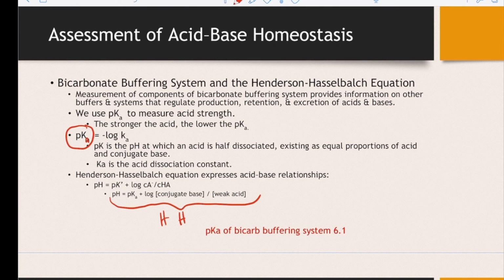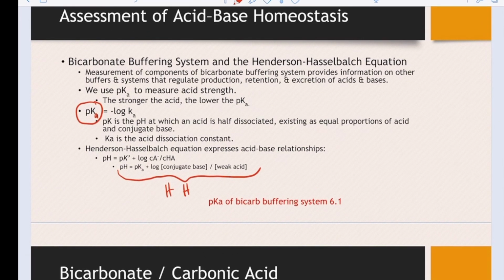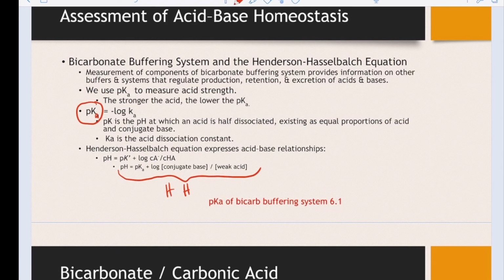The only thing I really want you to know specifically about the pKa is that the pKa of the bicarbonate buffering system is 6.1. So if we were to plug something into the Henderson-Hasselbalch equation using that really common buffer system that we're going to keep talking about, the bicarbonate carbonic acid buffering system, the pKa that you're going to plug in is 6.1.